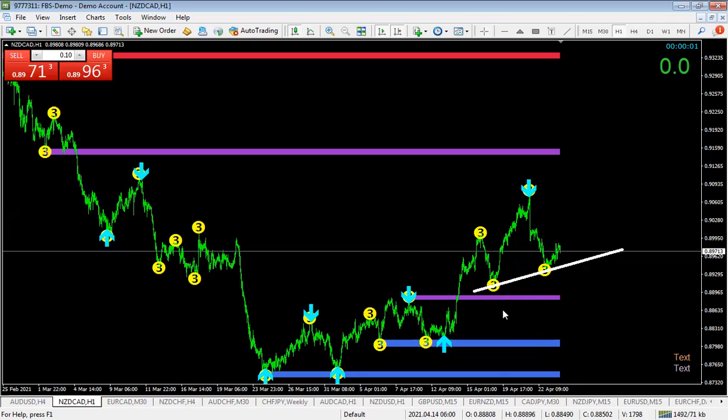And all these points of support and resistance are being drawn automatically by the support and resistance zone indicator. How easy trading can ever be.